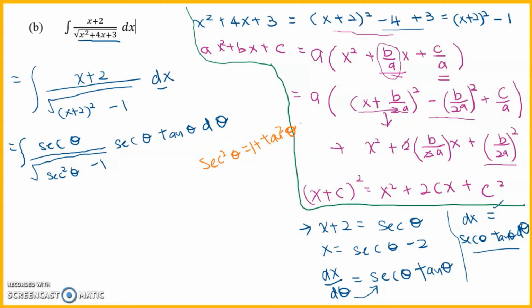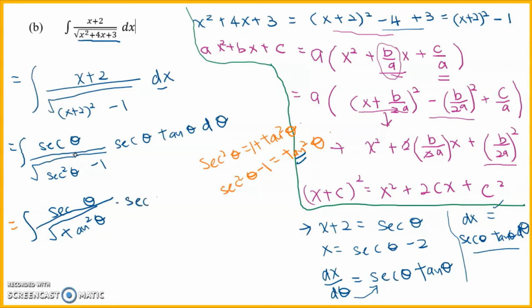So secant squared theta minus 1 actually equals tangent squared theta. So we can rewrite this as secant theta over the square root of tangent squared theta times secant theta tangent theta d theta.